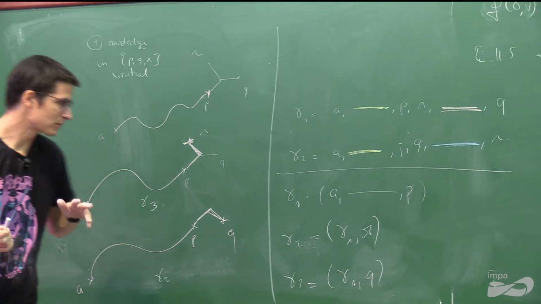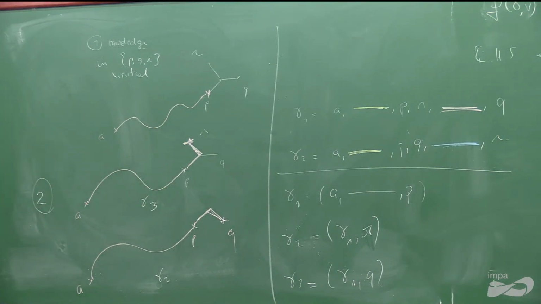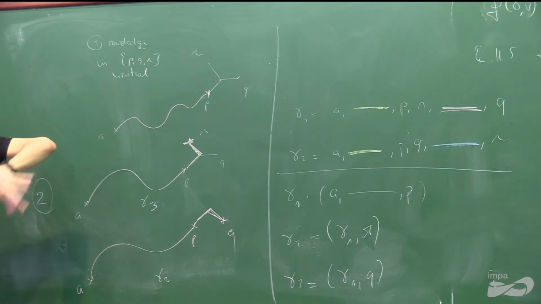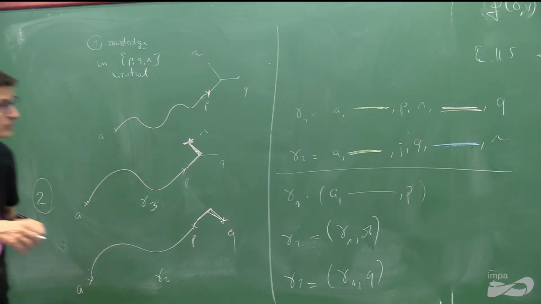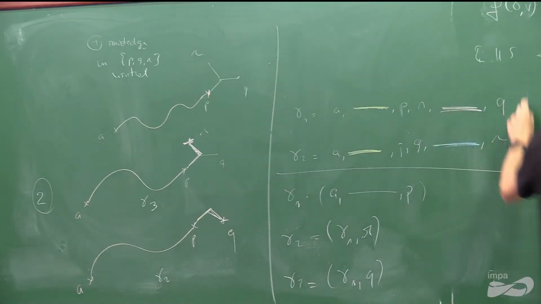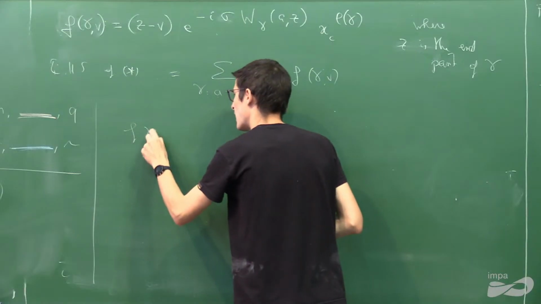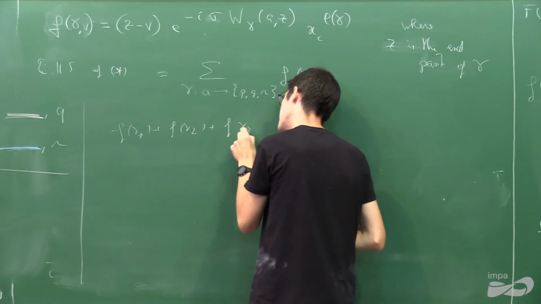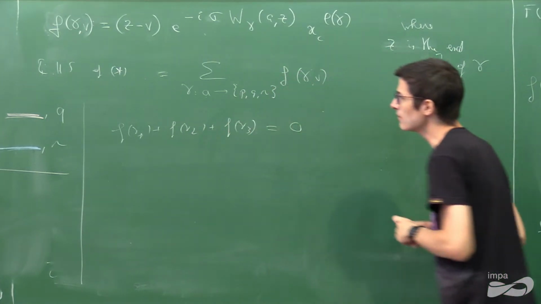So what I want to say is that I can group trajectories that visit one vertex, trajectories that visit one mid-edge, and trajectories that visit two mid-edges in this form of triplets. So f of gamma 1 plus f of gamma 2 plus f of gamma 3 is equal to 0.